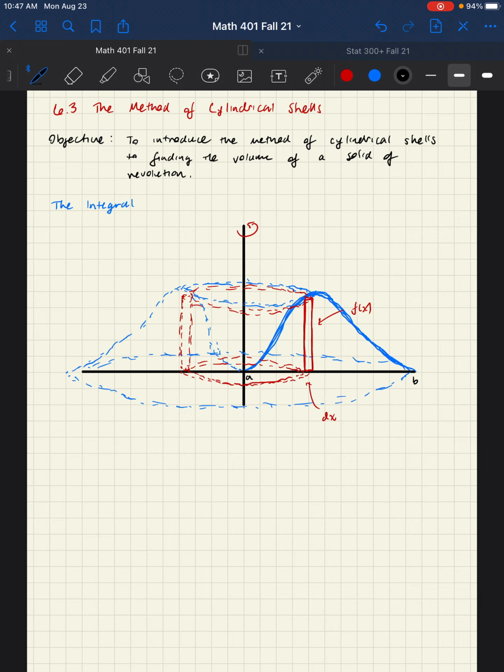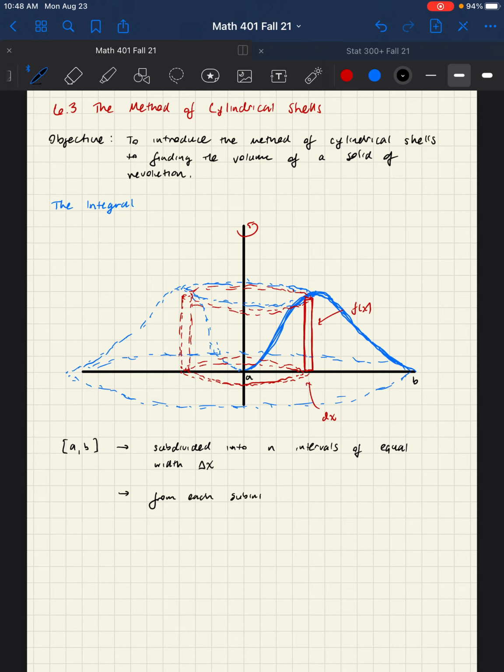So we're going to imagine that this is a and this is b, and we're going to subdivide this interval from a to b into n regular subintervals, n intervals of equal width, delta x.